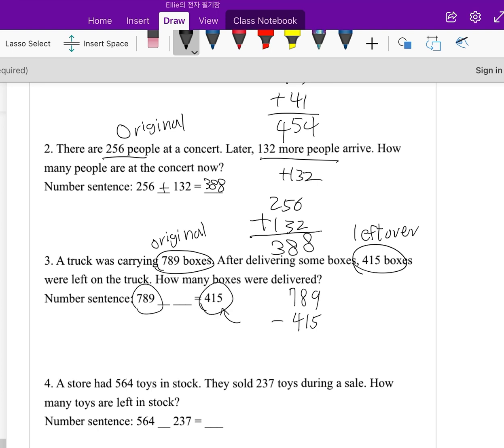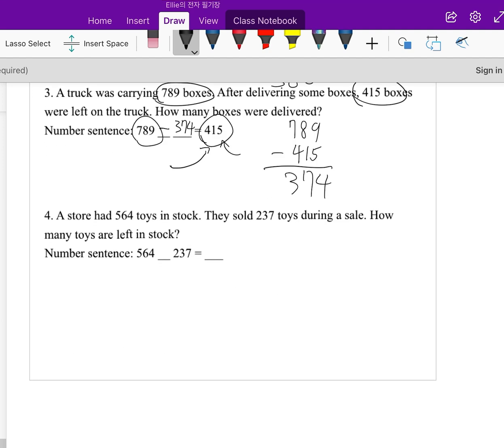So 789 minus 415. 9 minus 5 is 4. 8 minus 1 is 7. 7 minus 4 is 3. And we know that this got fewer than the original number 789. So put subtraction, and it's 374.